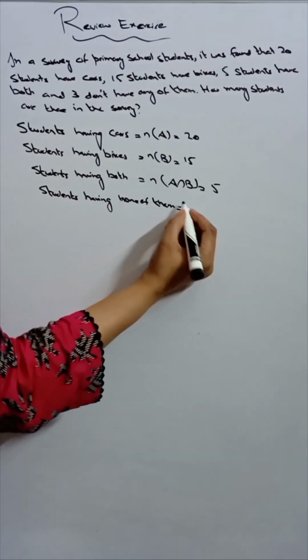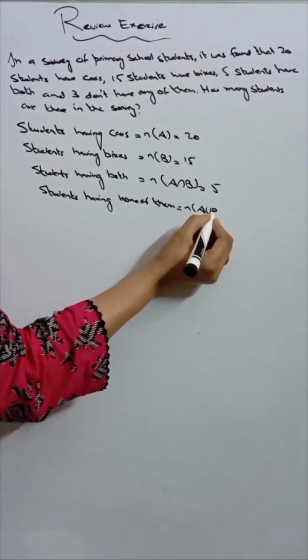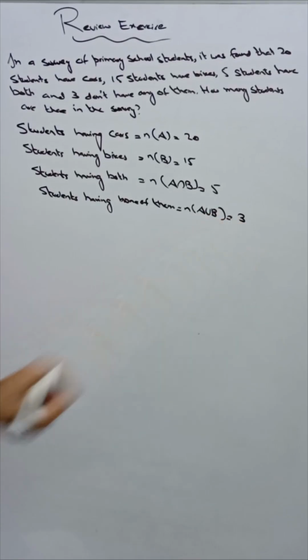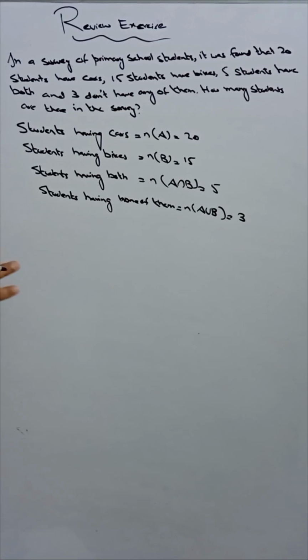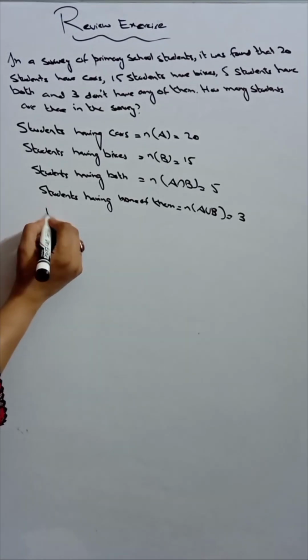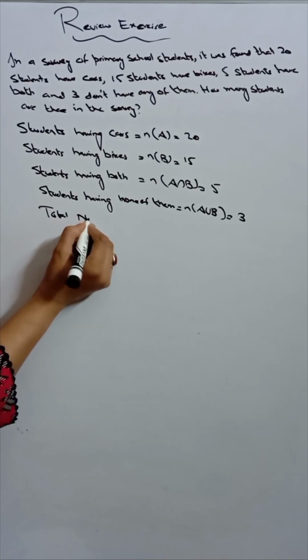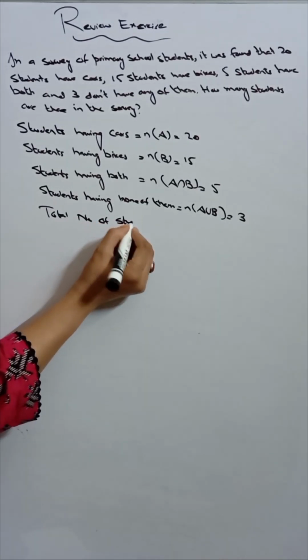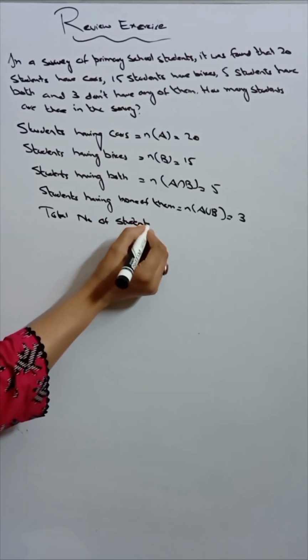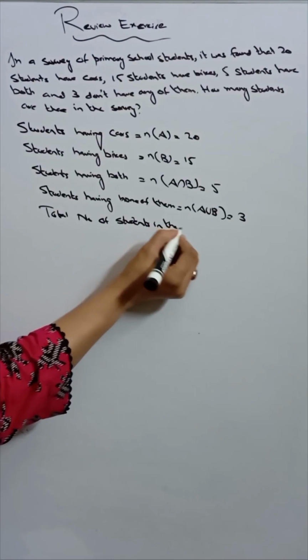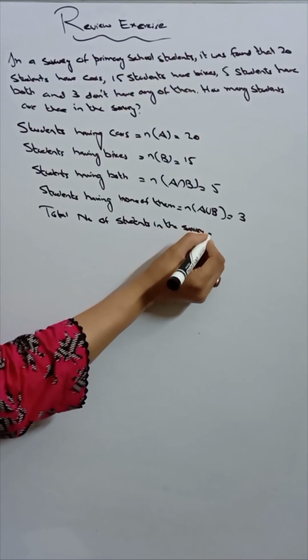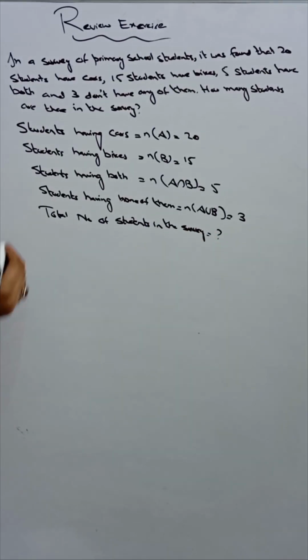So this is called number of complement of A union B, that is 3. All right. So we have to find how many students are in the survey. We have to find the total number of students in the survey.